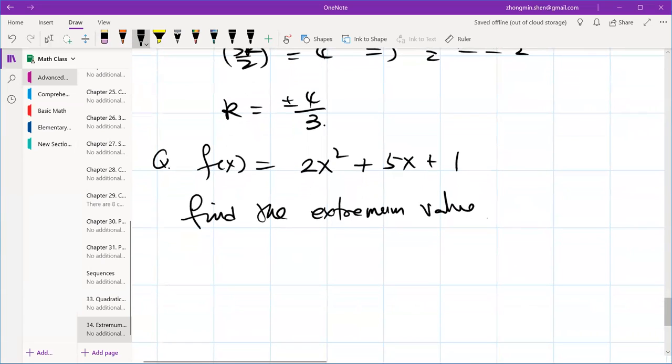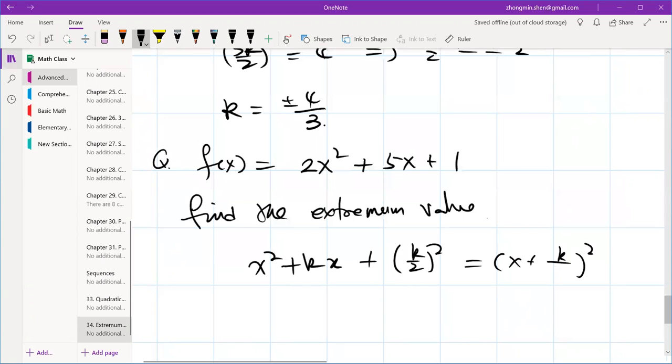So let's go over the problem, okay? If we know x squared plus kx, okay, then you have to add the half of k, squared, then you get this, okay? k could be plus minus. If it's negative, then they have to put a negative sign here. So that's the identity we use to complete the square, okay?